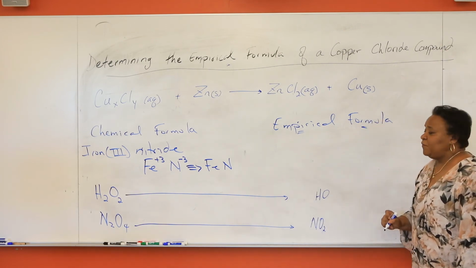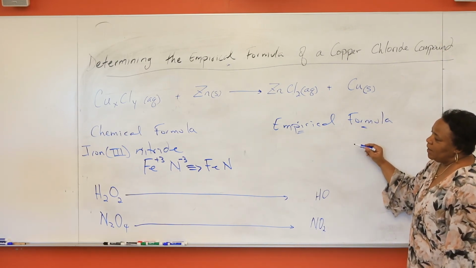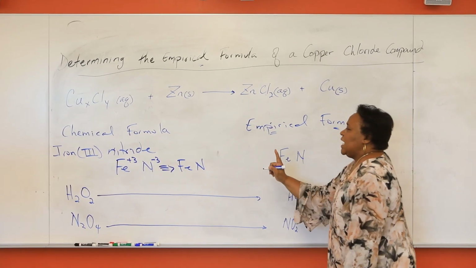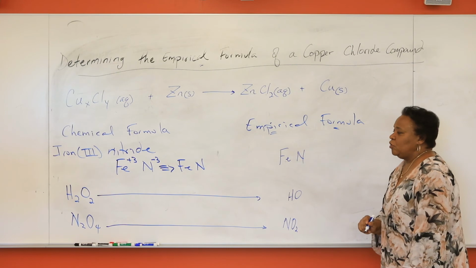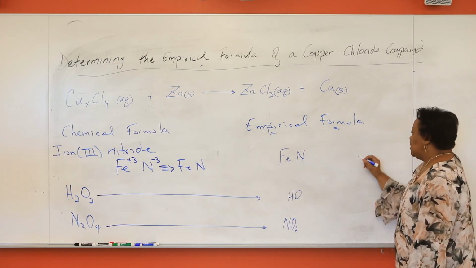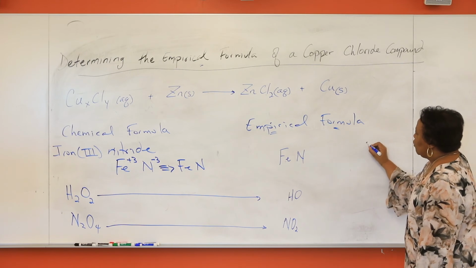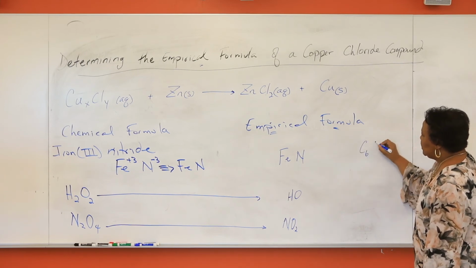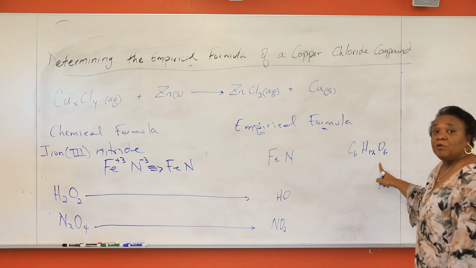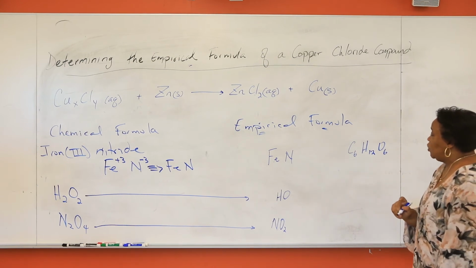I need you to note that for your ionic compounds, the empirical formula is exactly the same as the chemical formula, but not for our covalent molecules. Now, here's something that you're very familiar with. We're all familiar with glucose, C6H12O6. That is the chemical formula for that covalent molecule.